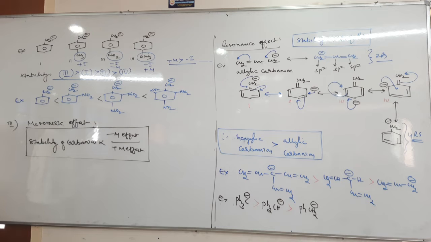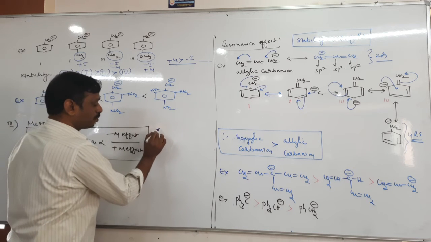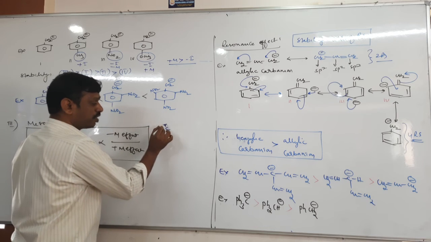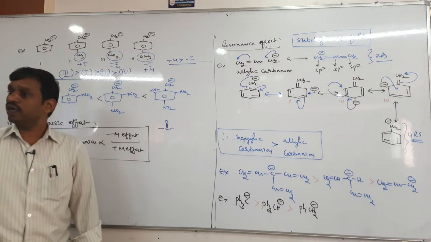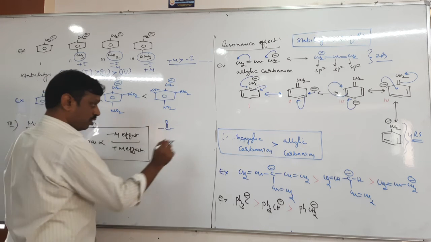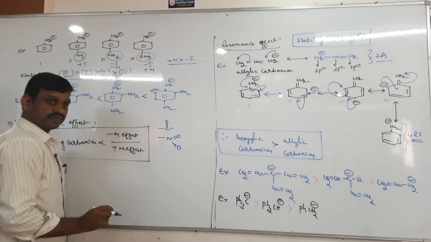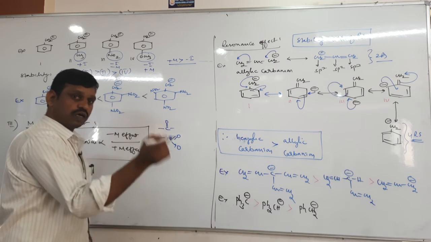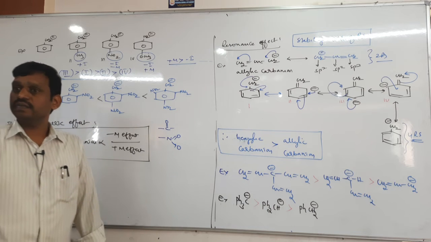So which are the minus M groups and how to identify them? In the last class we studied the groups which have a multiple bond with carbon, multiple bond with a more electronegative element, or even nitrogen multiple bond with a more electronegative element. So this kind of group, where you get aldehydes, ketone, carboxylic acid, ester, acid halide, acid amide, acid anhydride, and many more.